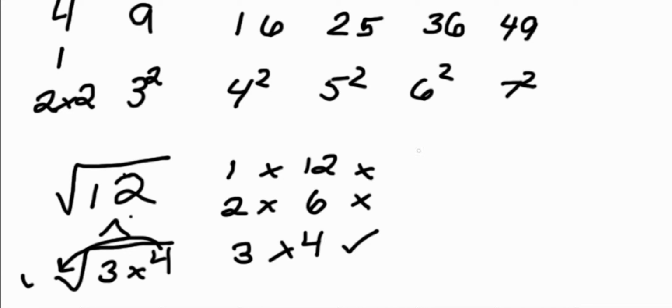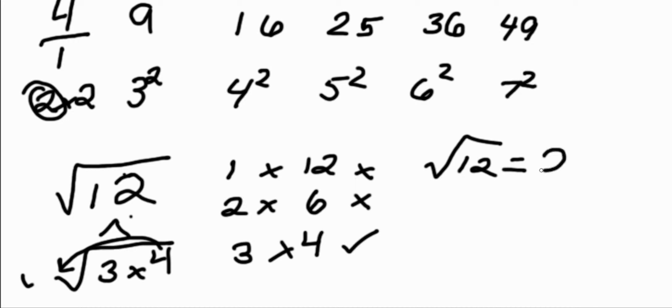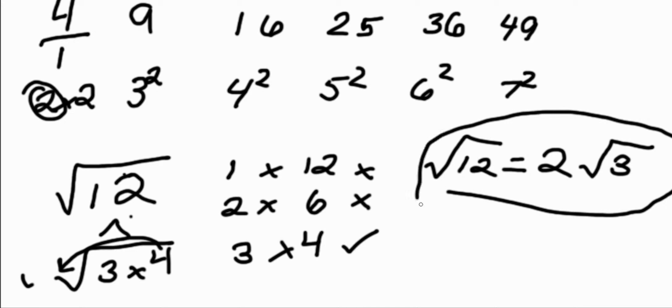What is the square root of 4? 2. So this is going to leave, and let's rewrite it over here. Radical 12 equals 2 radical 3. But can the 3 leave? No, right? The 3 is still stuck inside of the house. So this is how we would reduce radical 12.